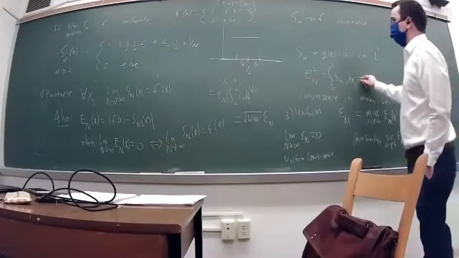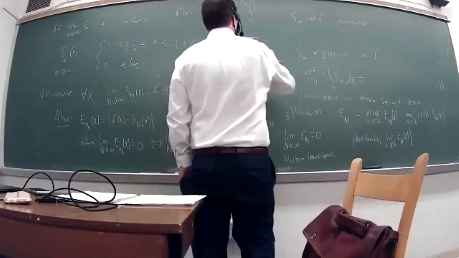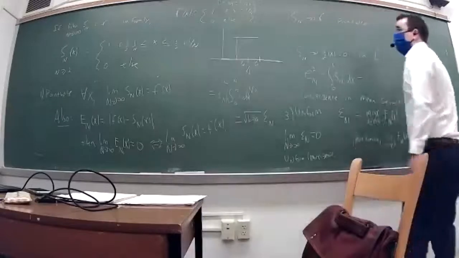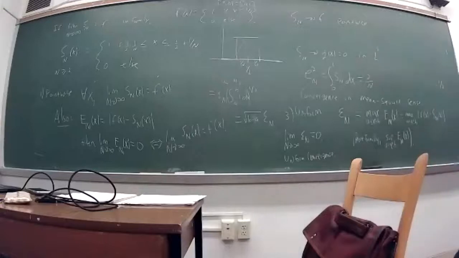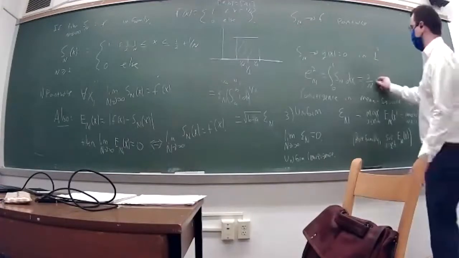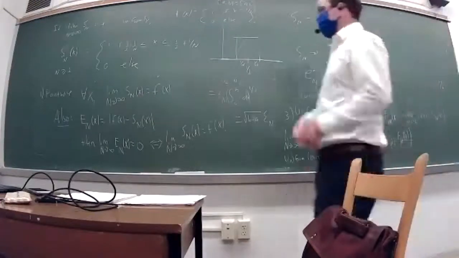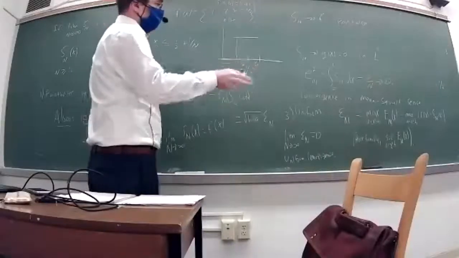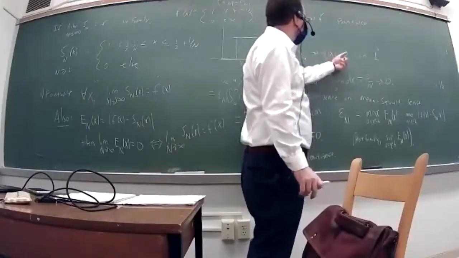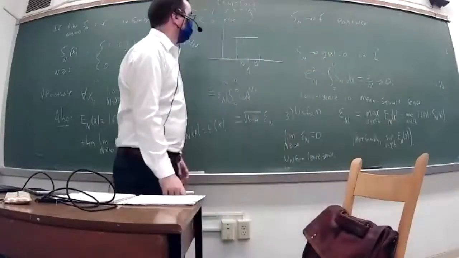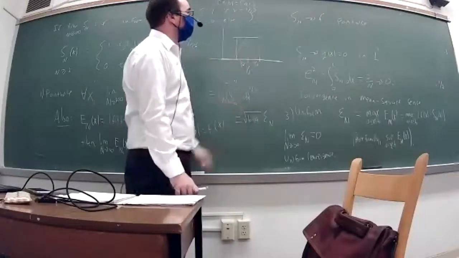And so now this integral is just the area under the curve, which is base times height, where the base is 2 over n and the height is equal to 1. And this error goes to 0, which proves that this function converges to 0 in L2, meaning when you take all the errors and take the integral, it goes to 0.